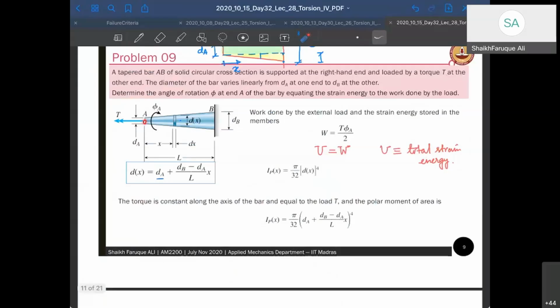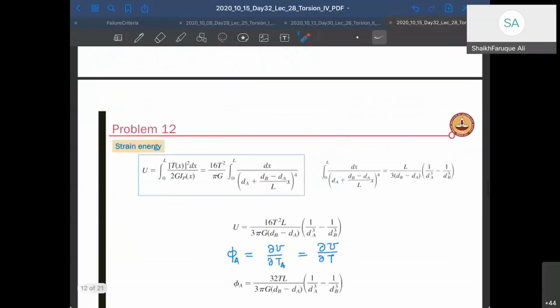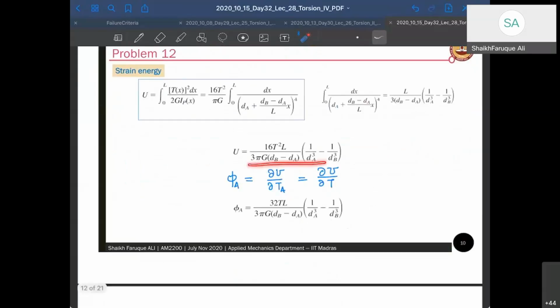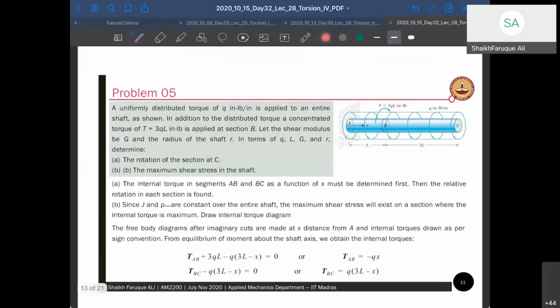It's an existing point load, and therefore I can just take a derivative with respect to this, and that will give me my phi at A. Okay, again, this is based on Castigliano's second theorem. All right, is that clear?